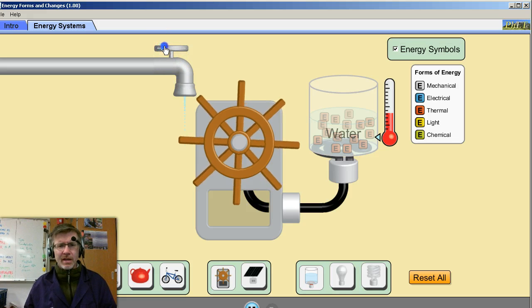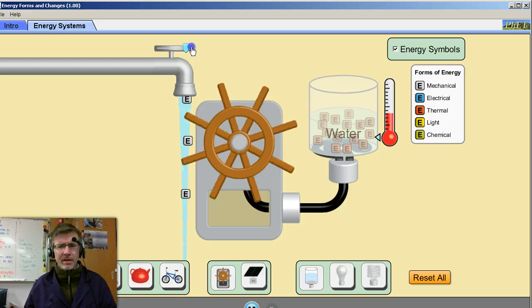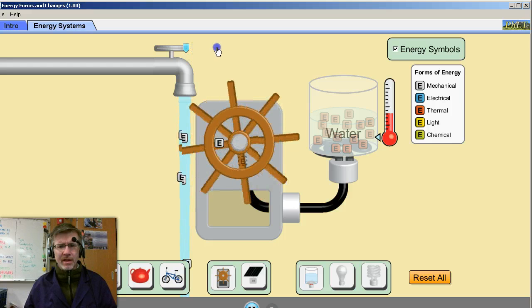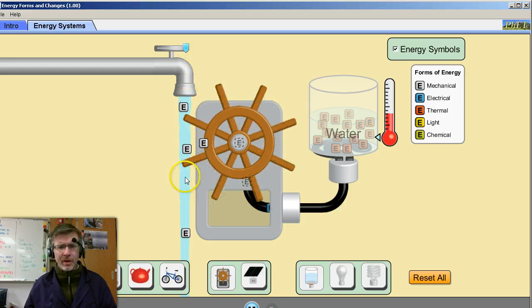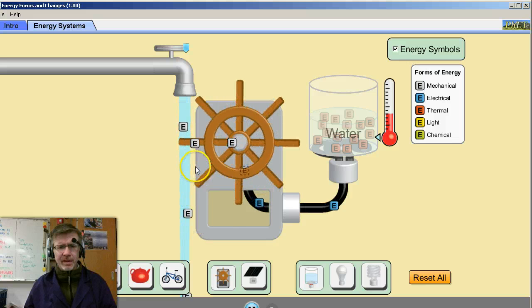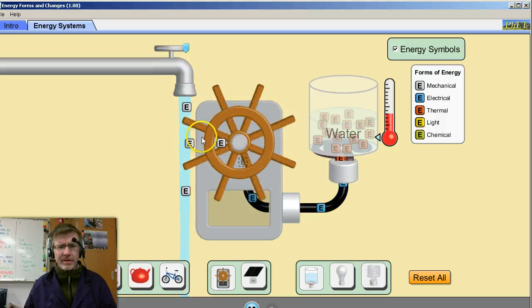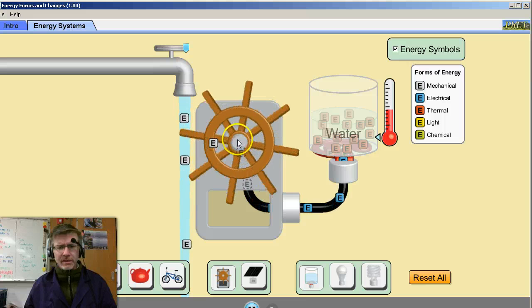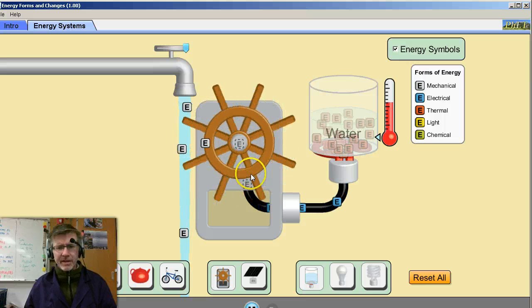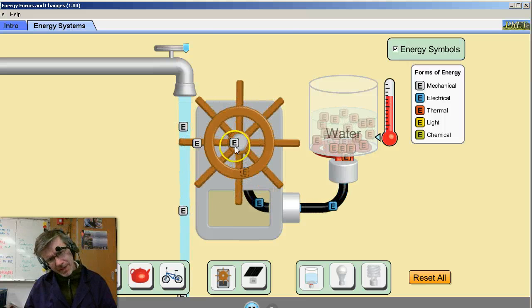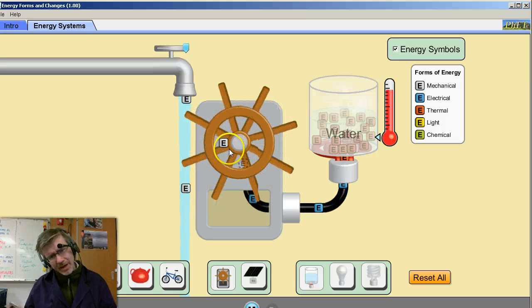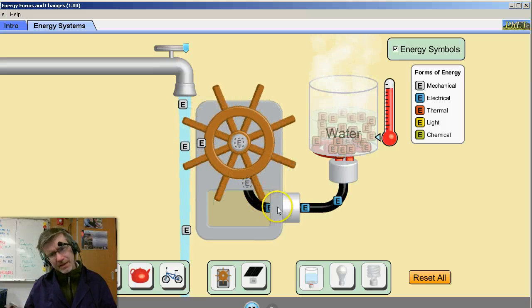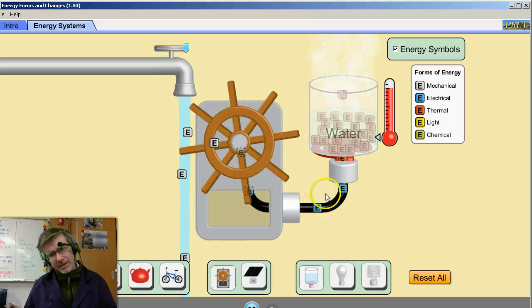As I turn on the water, it looks like mechanical energy is coming down through the water, hitting the wheel, and putting mechanical energy into the generator. And the generator is taking the gray mechanical energy and turning it into electrical energy.